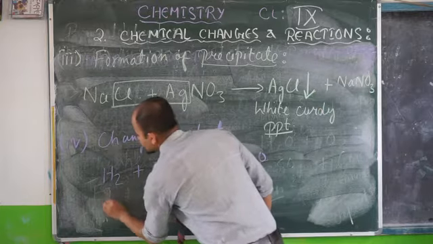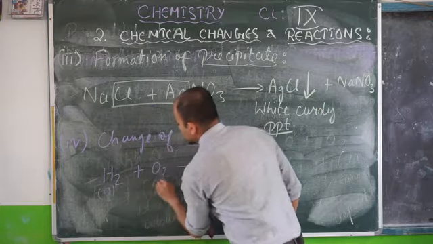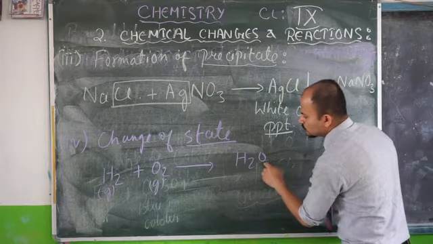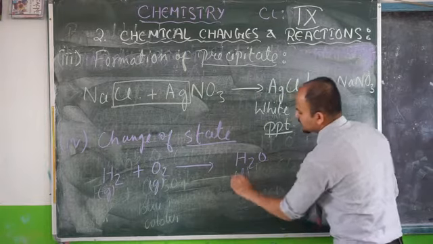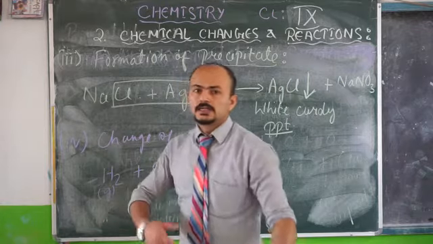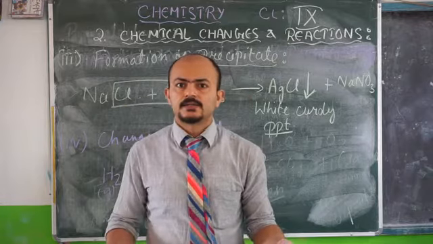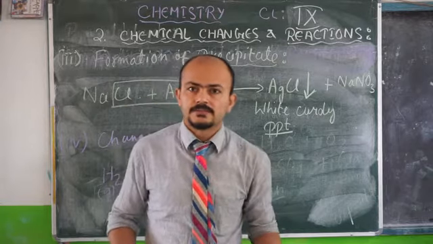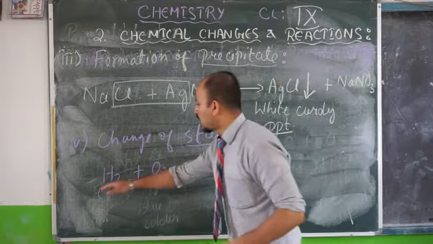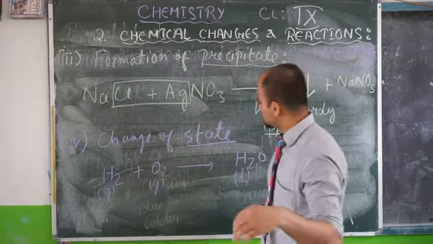This is in gaseous state. This is also in gaseous state. Now this H2O is in a liquid state. So suddenly from gases you get liquid. What does it mean? It means a chemical reaction has taken place between hydrogen and oxygen.